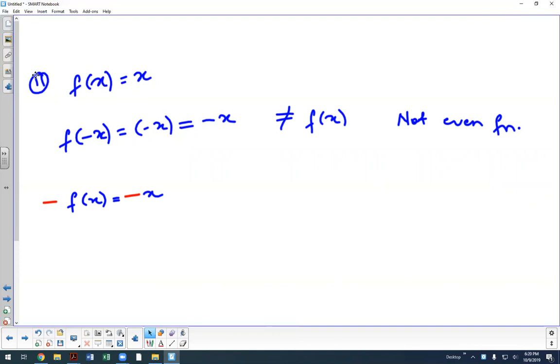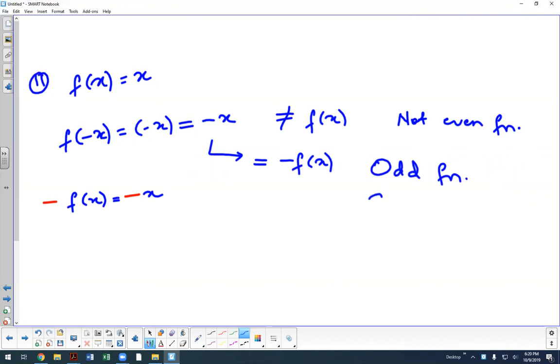I do, because you can see both of these are negative x and negative x, so that tells me this function is equal to the negative of the original function, which means I have an odd function, and odd functions have symmetry about the origin.